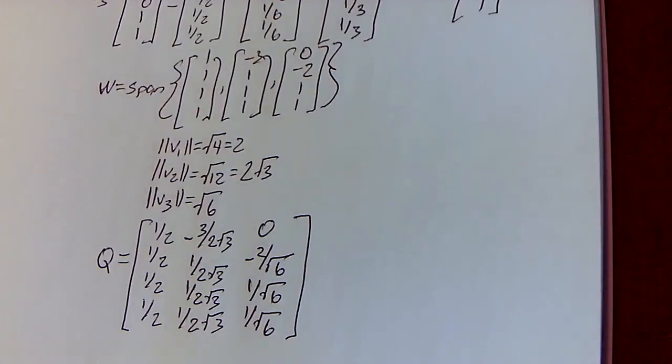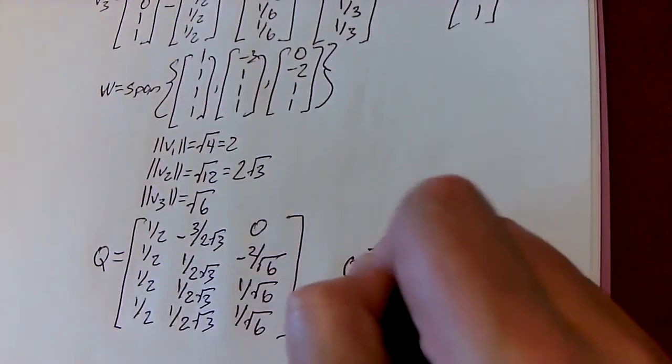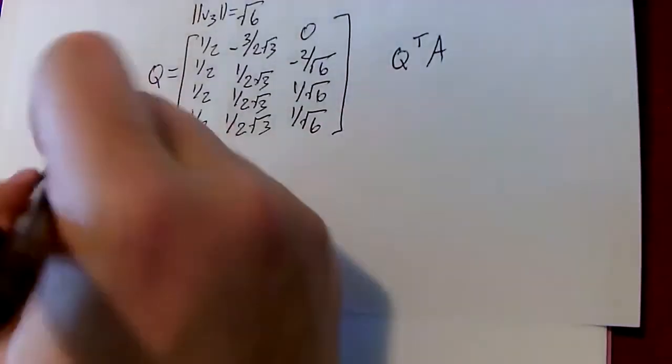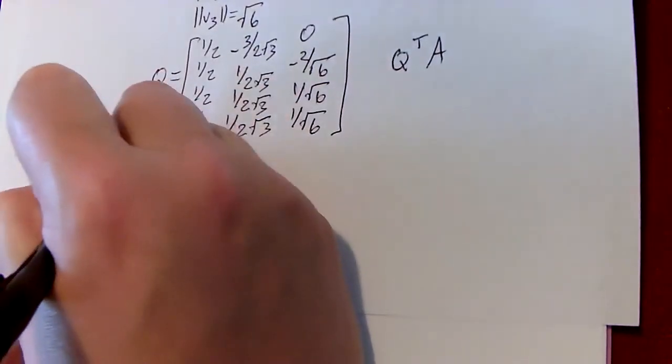So our last task then is going to be to find R. To find R, we need to do Q transpose times A. So let's write what Q transpose would be. We turn the rows into the columns and the columns into the rows.